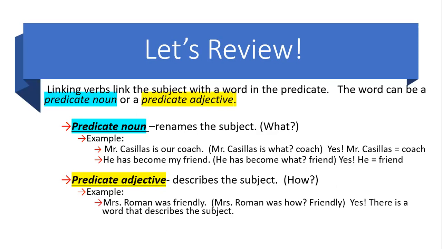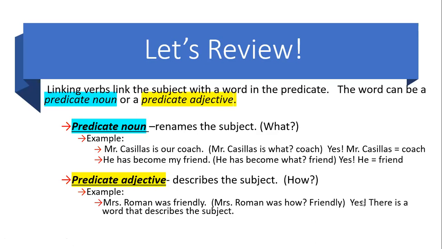So friendly is an adjective that is describing Mrs. Roman. So was is acting as a linking verb. We forgot to identify the verb first. So was is the verb. We see the word friendly describing Mrs. Roman. So because it's describing the subject, yes, it is a predicate adjective.